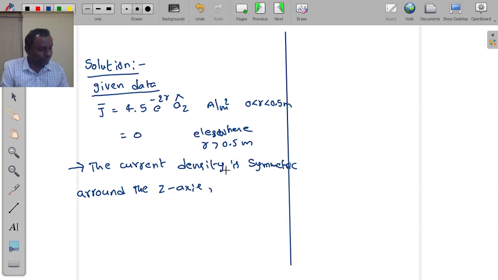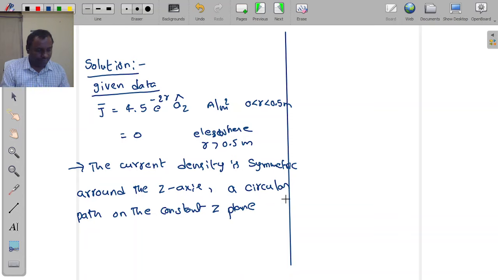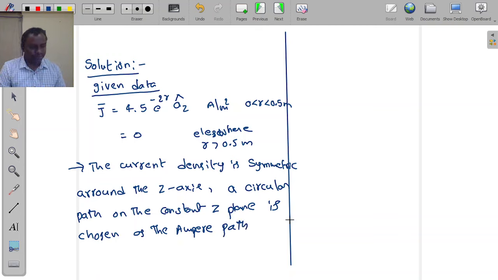A circular path on the constant z plane is chosen as the Ampere path.